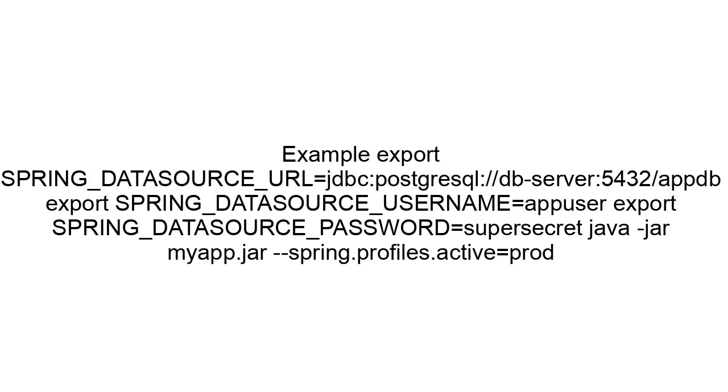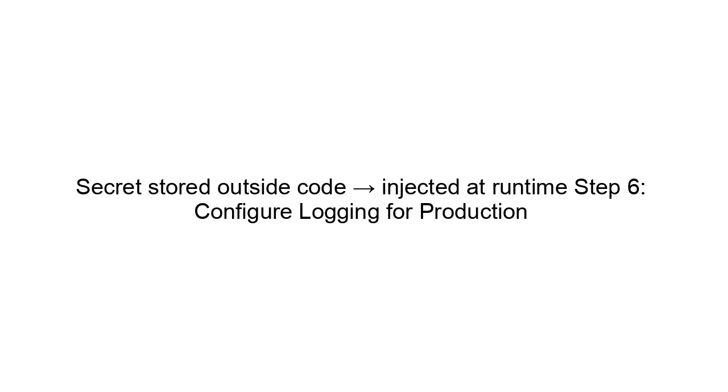Example: export SPRING_DATASOURCE_URL=jdbc:postgresql://db-server:5432/appdb, export SPRING_DATASOURCE_USERNAME=appuser, export SPRING_DATASOURCE_PASSWORD=supersecret, java -jar myapp.jar --spring.profiles.active=prod. Example concept: secret stored outside code is injected at runtime.